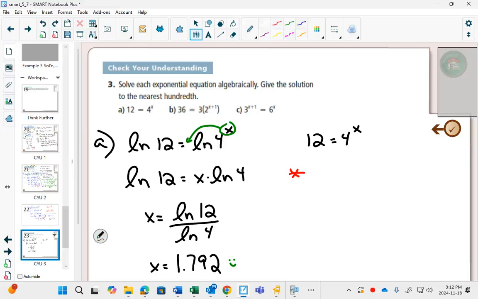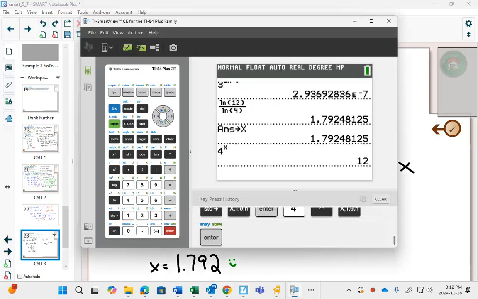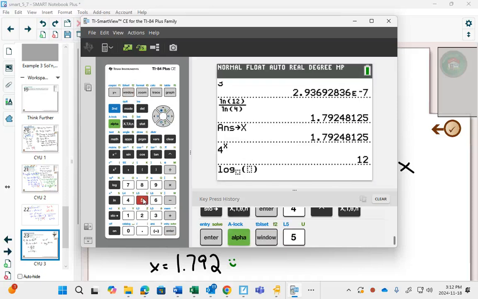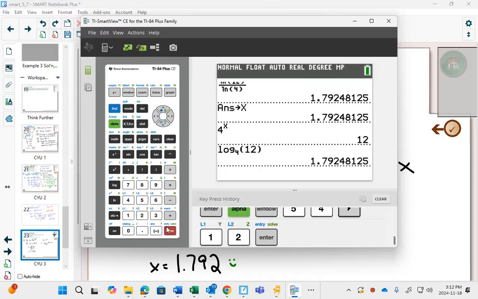If this is exponential form, this is log form. And if you happen to have the newest version of calculator, then you can do log base 4 of 12 and get the same answer really quick.